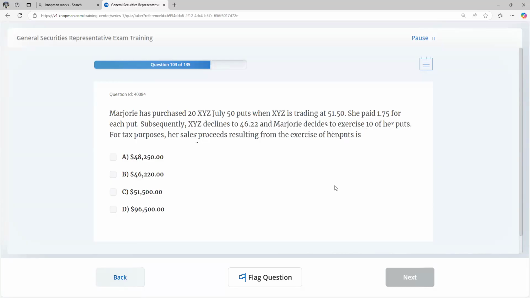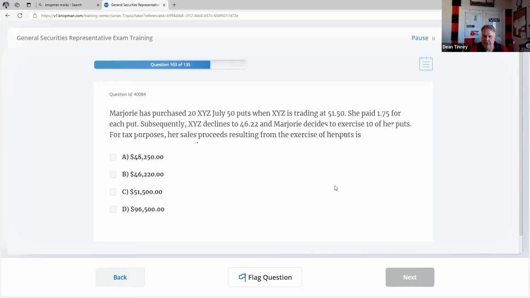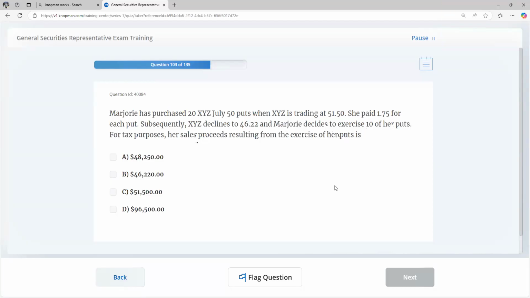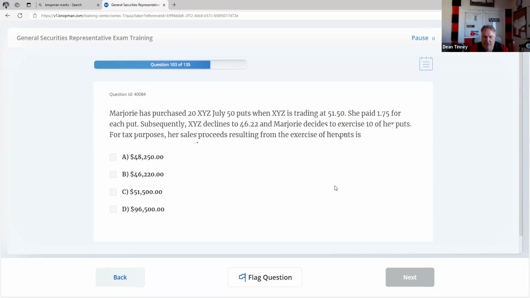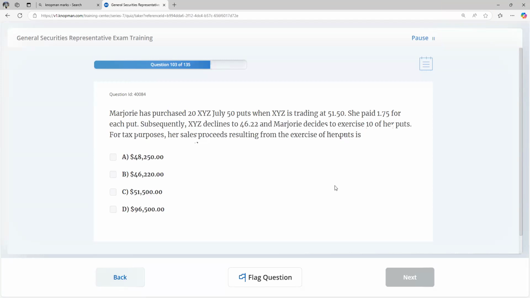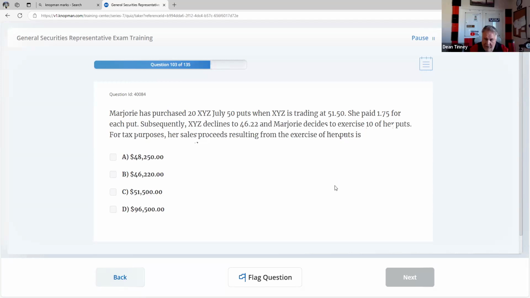That's a really weird question. Hold on. Funky, so we have to remember we just have to deal with 10 of them, right? And it says she purchased them. So she's selling 1,000 shares at the strike price of 50, right? So that's going to be her sales proceeds minus the cost of the put.